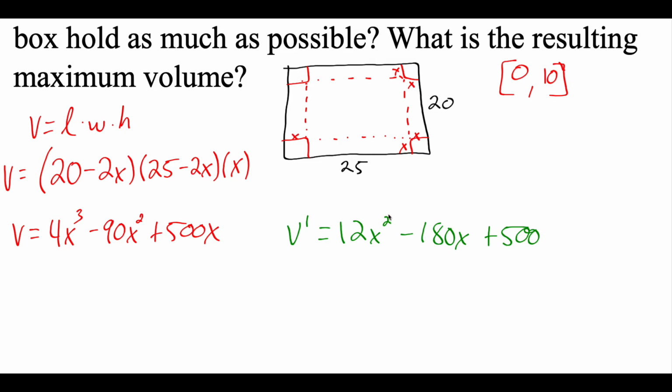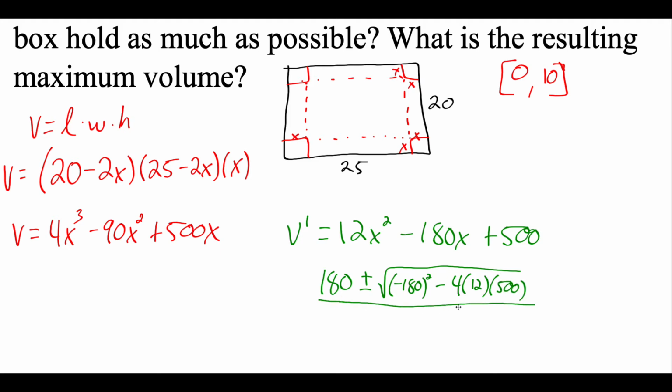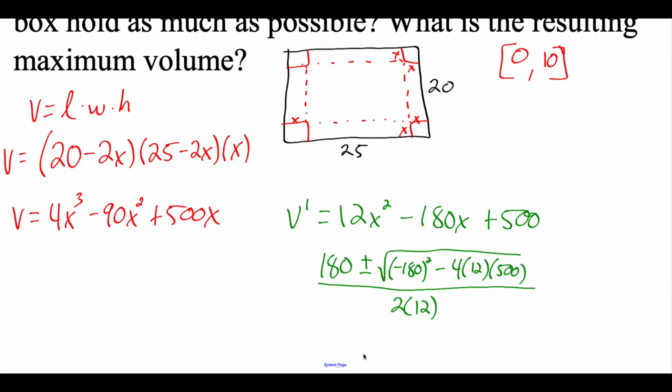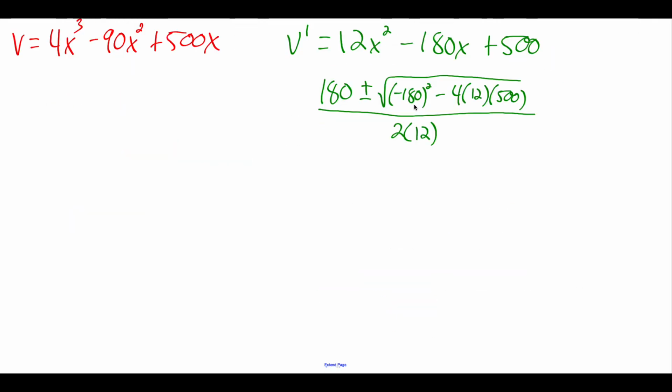That's the opposite of our b value, plus or minus the square root of b squared minus 4 times a times c, all over 2 times a. As we simplify, underneath that radical we should end up with the square root of 8,400. So we get 180 plus or minus the square root of 8,400, all divided by 24.